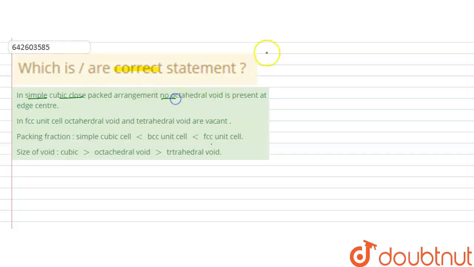So in simple cubic close pack arrangement, that is SCC, the atoms are only present at the corners of the unit cell.